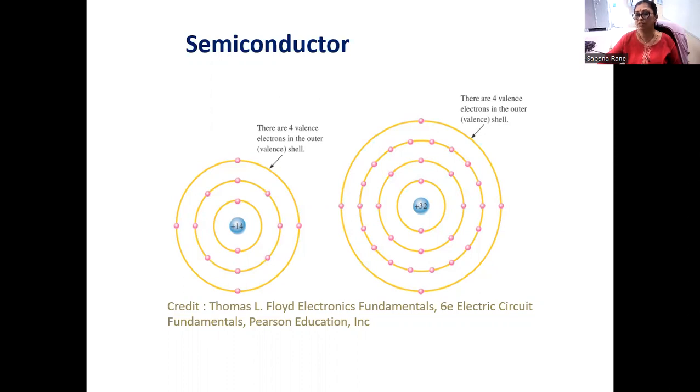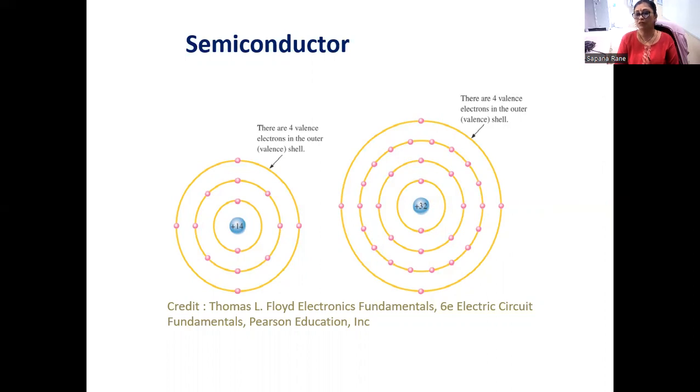Semiconductors are devices which are perfect insulators at absolute zero temperature, and they work as conductors at room temperature. Examples of semiconducting materials are silicon, germanium, gallium arsenide, etc.